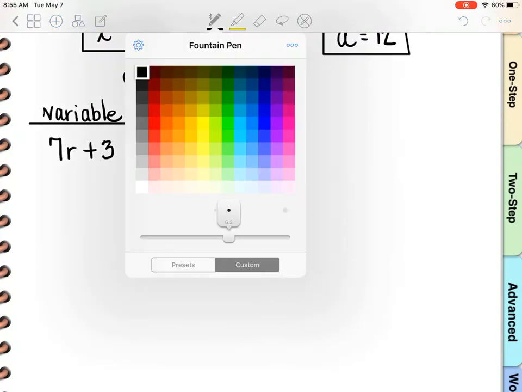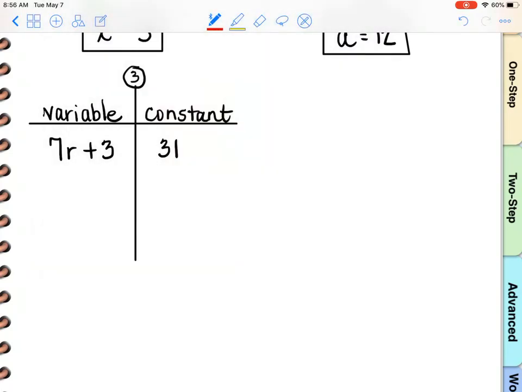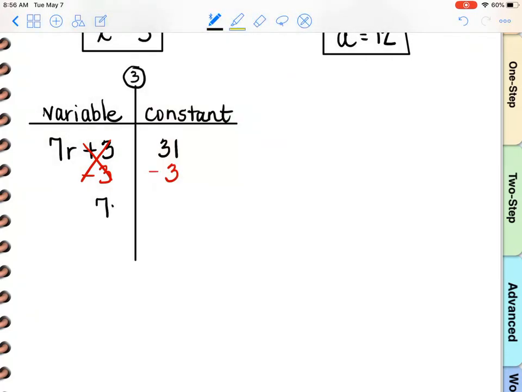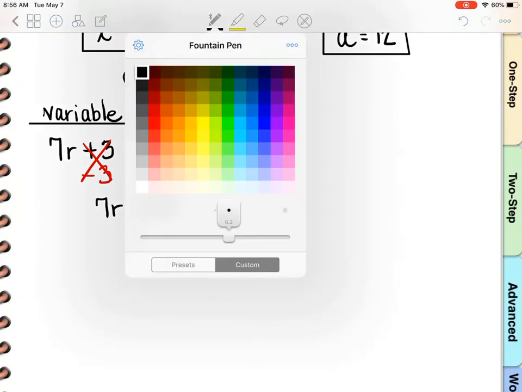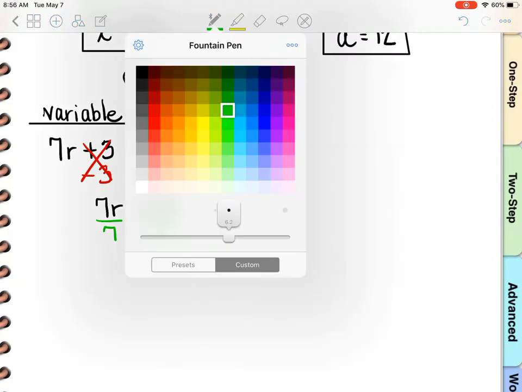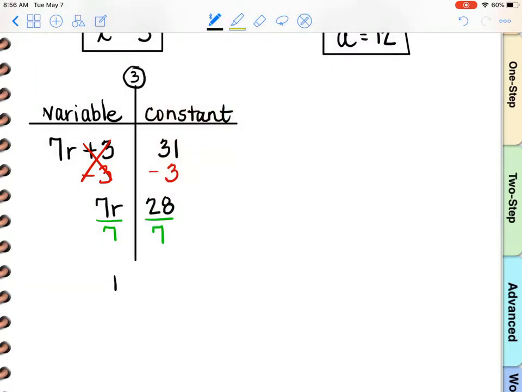So I need to move the 3. Cancel. So I'm left with 7r equals 28. Then we're going to divide that coefficient away. And we're left with r equals 4. Solution.